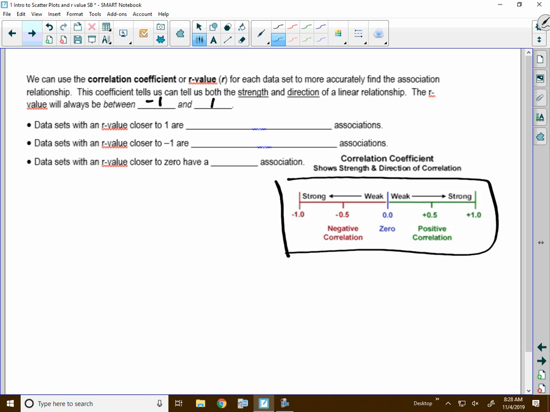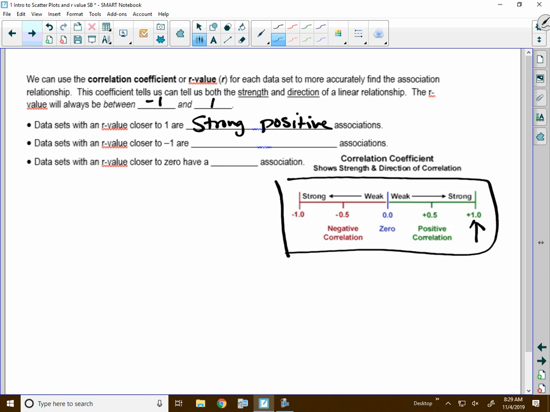So if we look at a data set that's close to 1, which is over here, this is going to be our strong positives. If I told you positive 0.5, that would definitely be a moderate positive. Does that make sense? So strong is close to 1.